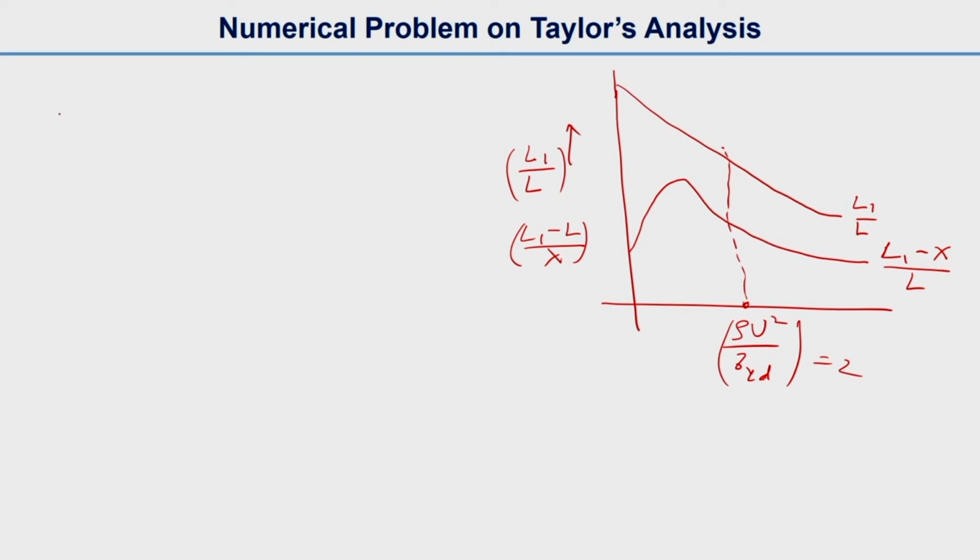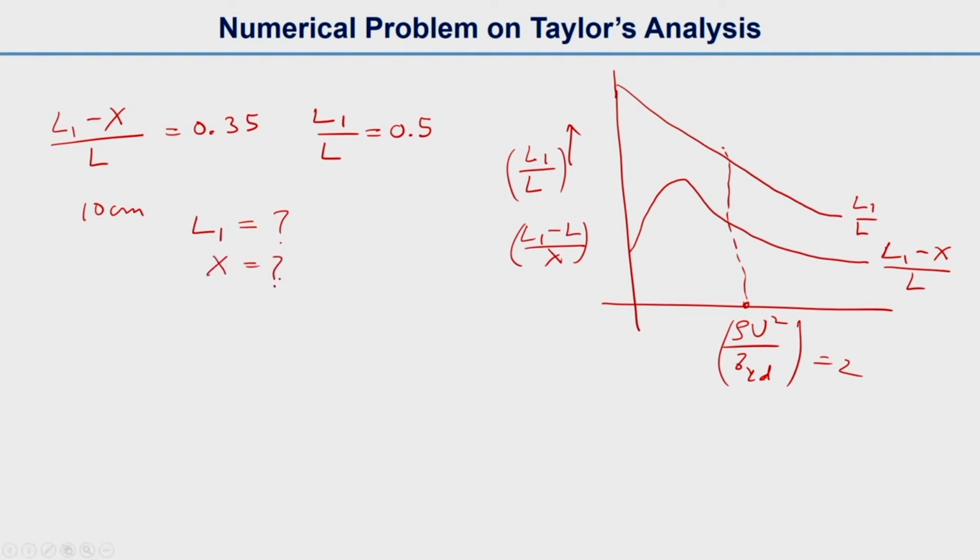So (L1 minus x) divided by L is found to be 0.35, and that is from the plot that you can find in the book, and L1 by L is found as 0.5. So we know the initial L, that is 10 centimeter. So from there you can find L1, and you can find x.